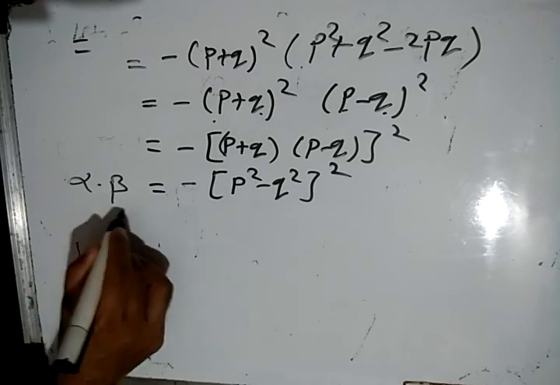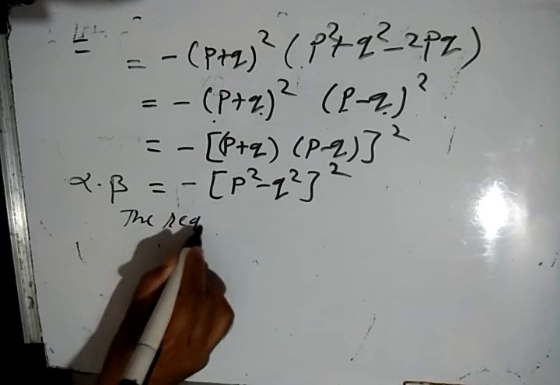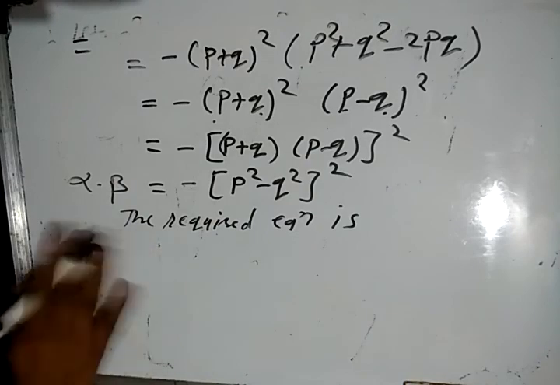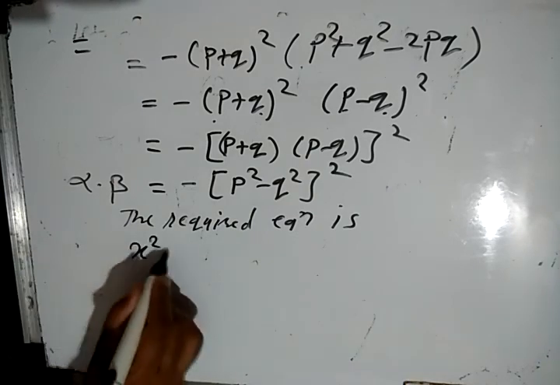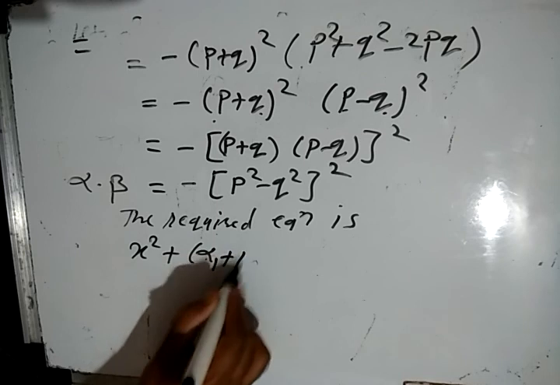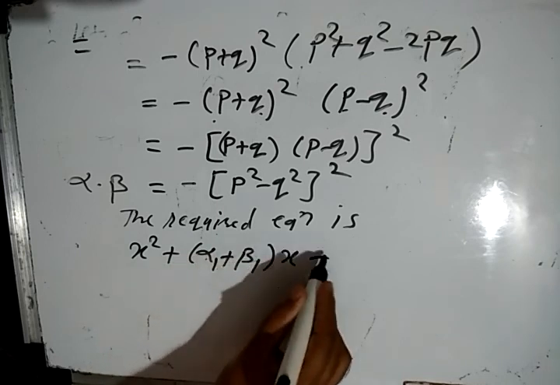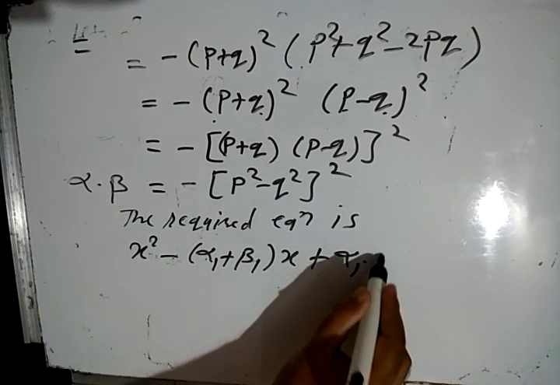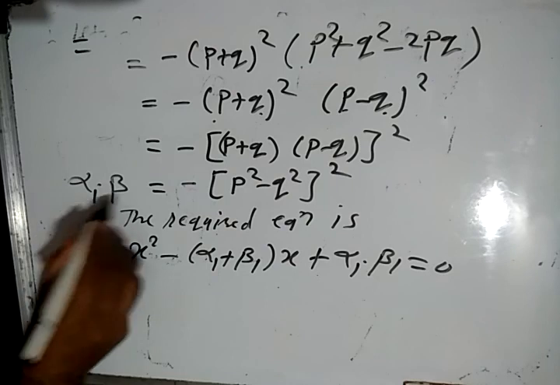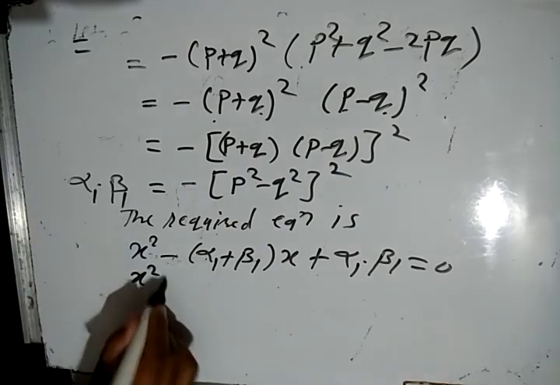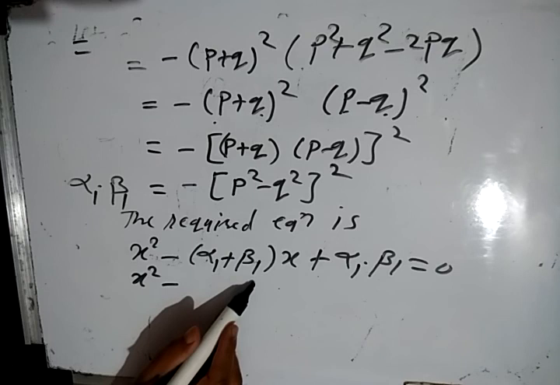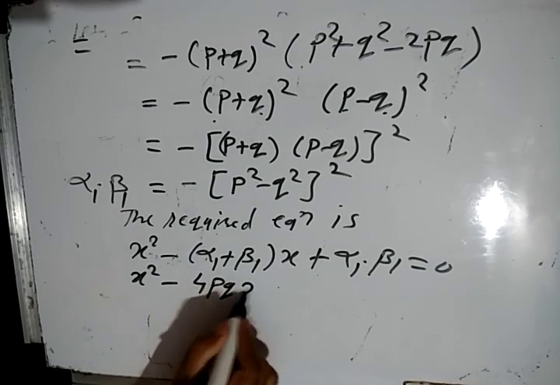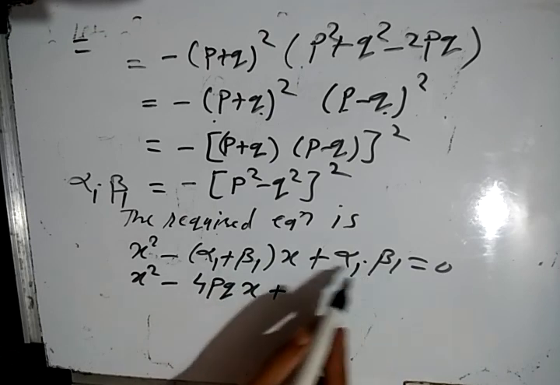Then required equation. The required equation is x square alpha 1 plus beta 1 x minus alpha into, here there is a minus sign and here plus sign, alpha 1 into beta 1 is equal to 0. X square as it is minus alpha 1 plus beta 1, that is 4pq, x plus alpha 1 into beta 1.